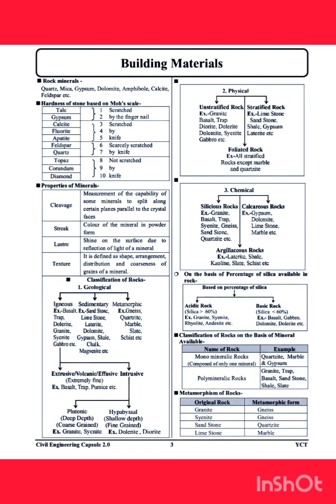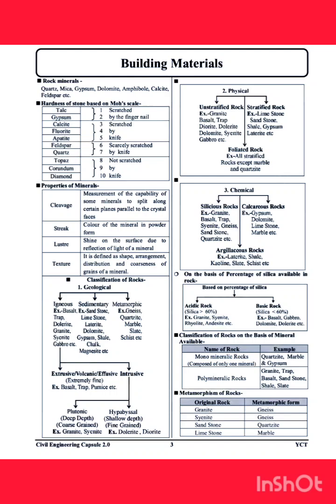Igneous rocks are like basalt, trap, dolomite, granite, syenite, gabbro, etc. Sedimentary rocks are like sandstone, limestone, laterite, dolomite, gypsum, shale, chalk, magnesite, etc. Metamorphic rocks are like gneiss, quartzite, marble, slate, schist, etc.